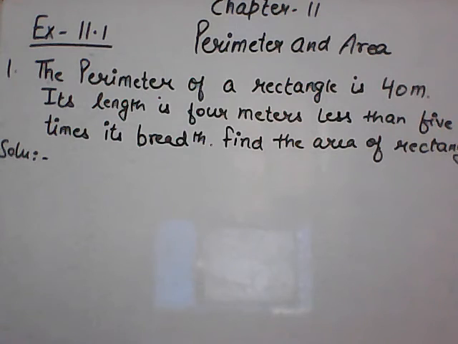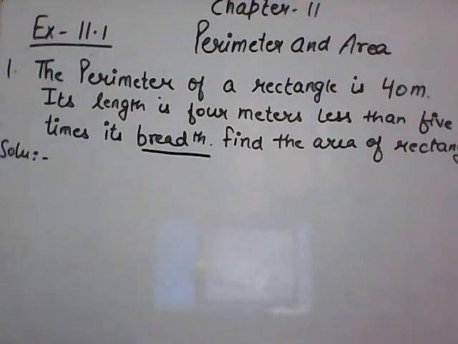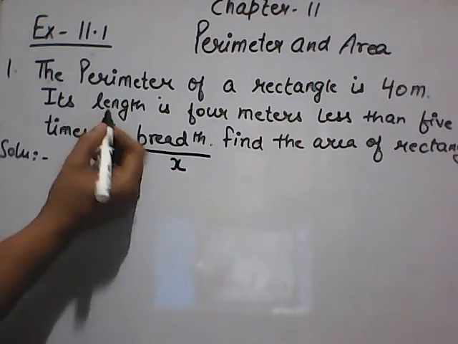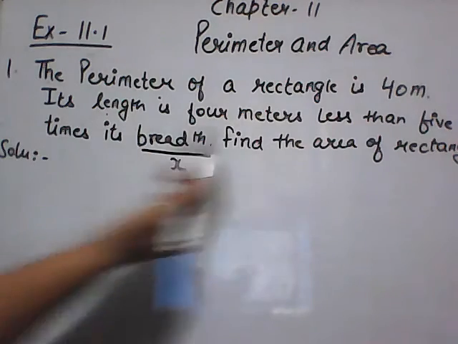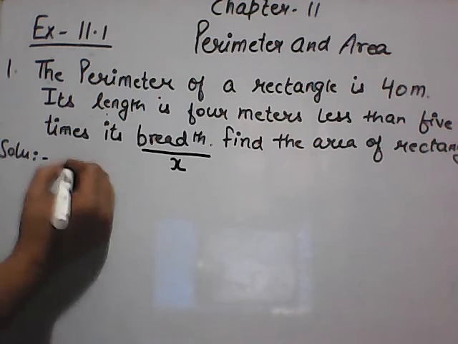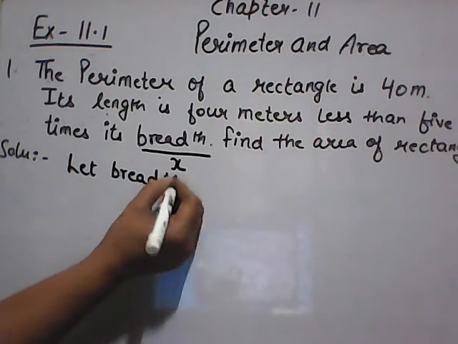That means you don't know the breadth. Suppose we let the breadth be x meter, then what is length? Length is 4 meters less than 5 times its breadth. Now you have to find out the area of the rectangle. Let breadth of the rectangle be x meter.